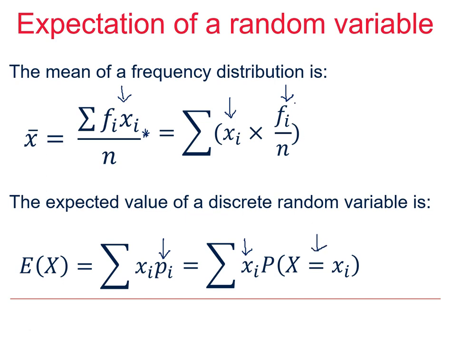And hopefully you can see that that easily links to this formula, because the number of times a particular outcome occurs out of the total is exactly the same as the probability that that particular value occurs.